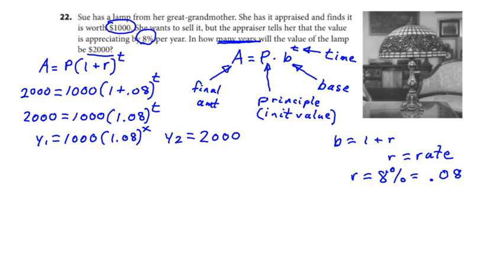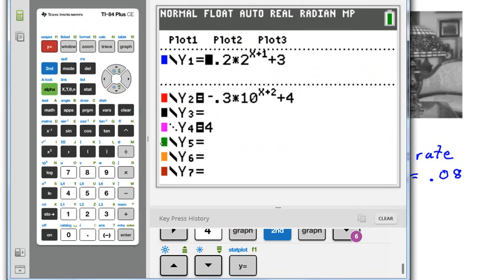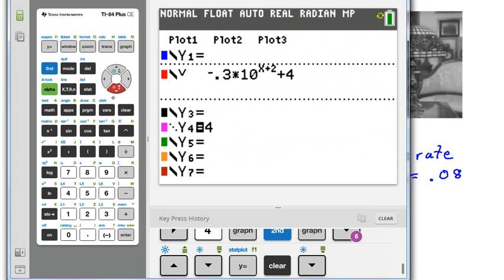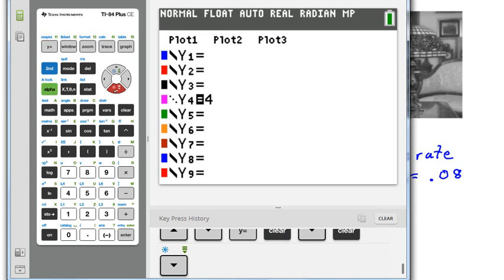So let's go to the calculator, and I have not entered these previously, so I'm going to clear these out and get rid of this horizontal asymptote.